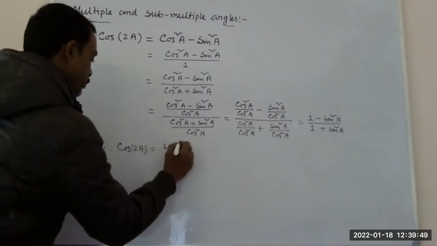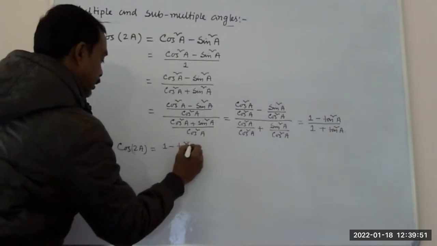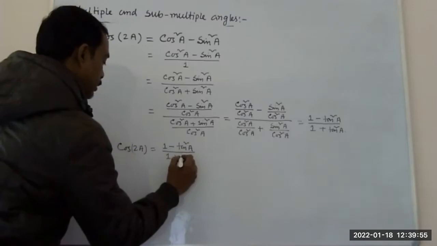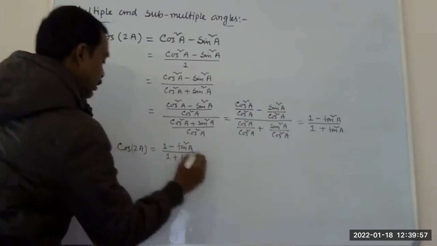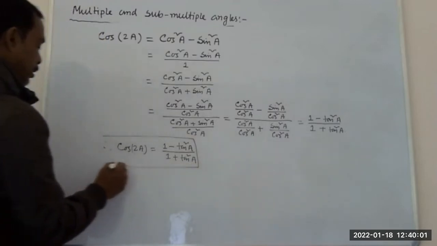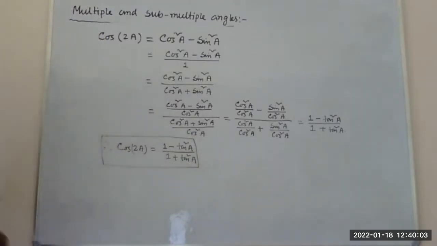That is 1 minus tan square a by 1 plus tan square a. Is it understood?